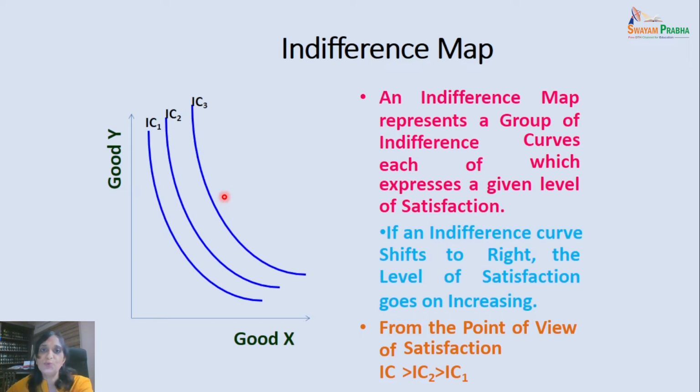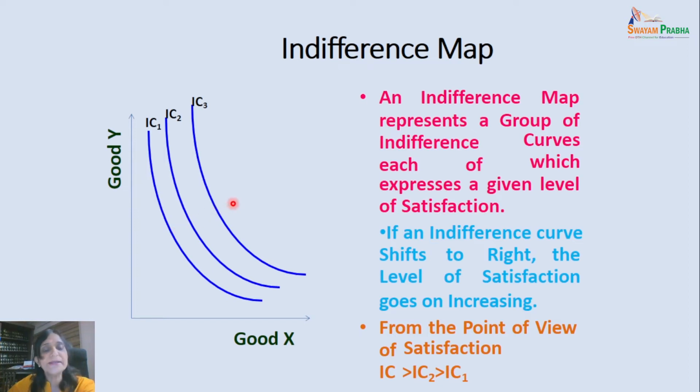Now, a thing which all of you should keep in mind is that as the indifference curves shift outwards or rightwards, that is, when you move from IC1 to IC2 to IC3, you are shifting outside, in the right direction. If there is another indifference curve, let us say IC4, above IC3, as you move to the right, the level of satisfaction goes on increasing.